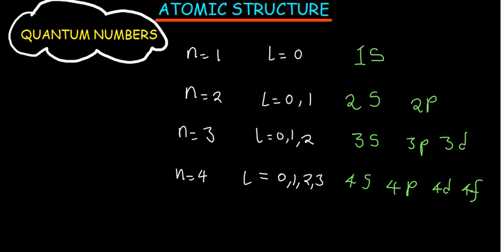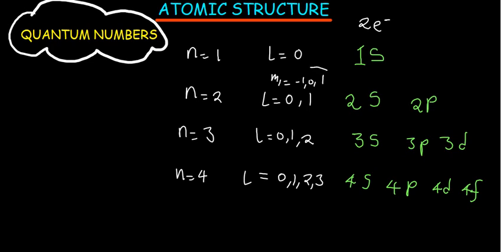Now remember, whenever you see l equal to 0, that is the s, and it can only have a maximum of 2 electrons. So all the s orbitals, no matter whether they are in the first, second, or third energy level, can only have a maximum of 2 electrons. The p orbital comes from l equal to 1, and ml is going to be negative 1, 0, and positive 1.